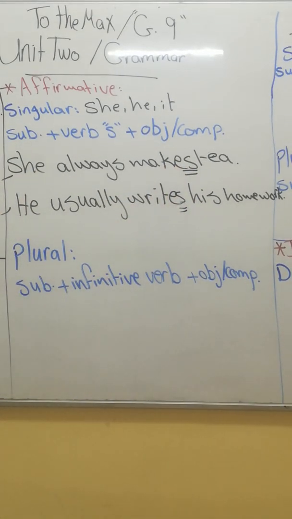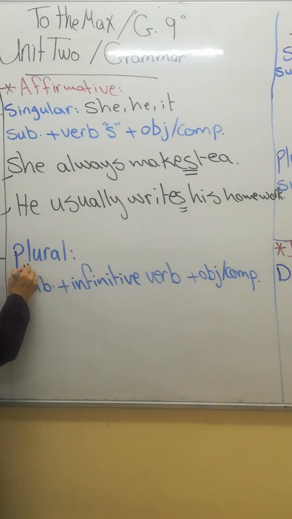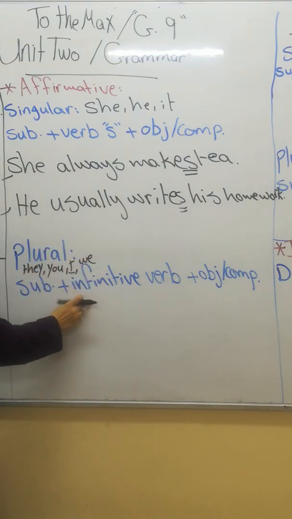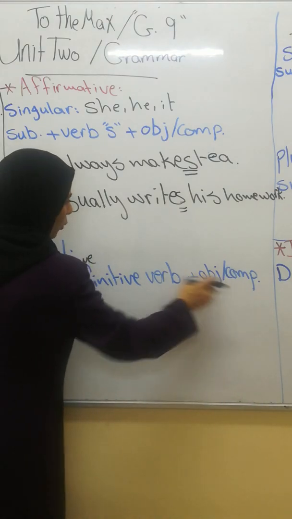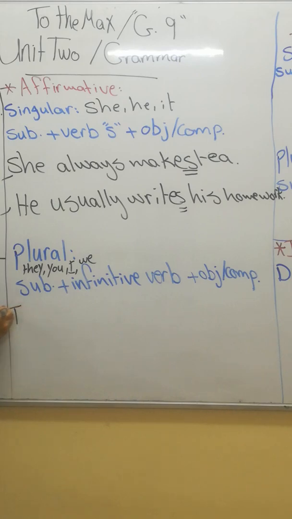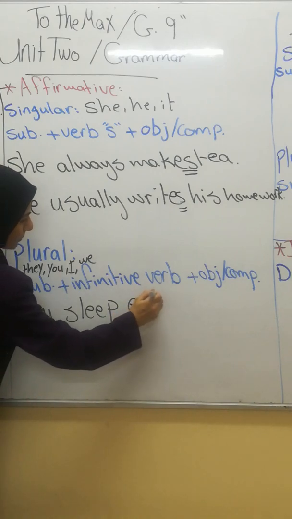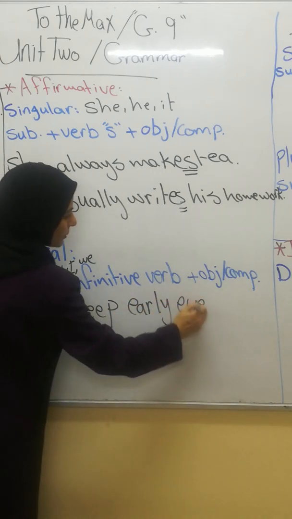Now with the plural affirmative for the simple present, we have to use the subject, which will be they, you, I, and we, with infinitive verb, object, or complement. For example, they sleep early every night.